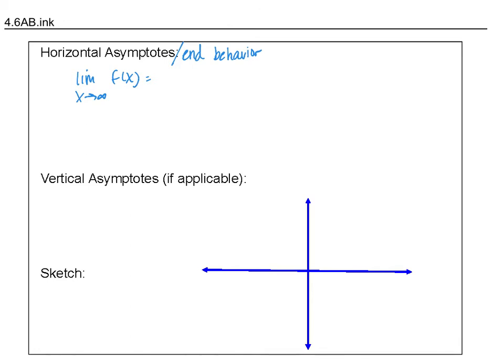So if I evaluate just that leading term, that will tell me that on the right-hand side, I'm continuing to grow to positive infinity. And if I look at the limit as x approaches negative infinity of f of x, again, just looking at that leading term, we have an odd power, which means the behavior is different on the left and on the right. Okay. There's no vertical asymptotes because there was no domain restriction.